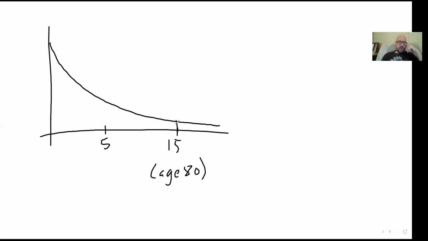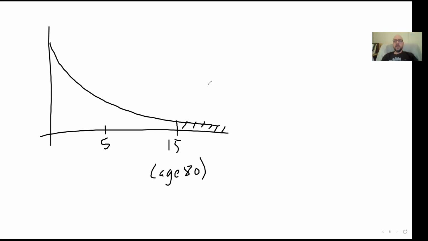So all the people to the left of this have already retired, right? Their retirement age was less than 80. The people who have not yet retired are those whose retirement age is over 80, right? If everybody's 80 in this room, then those who have not yet retired have a retirement age greater than 80. That is just this part over here, right?